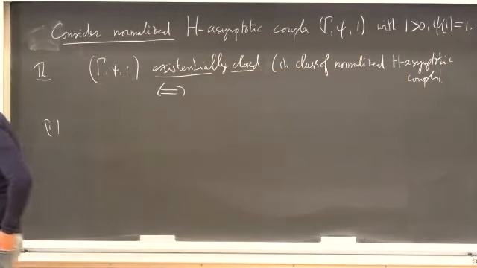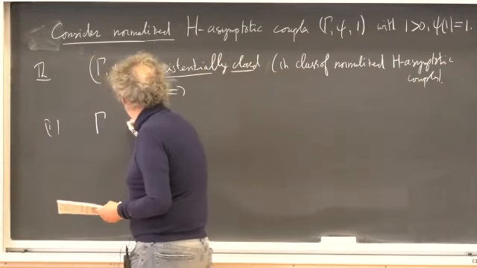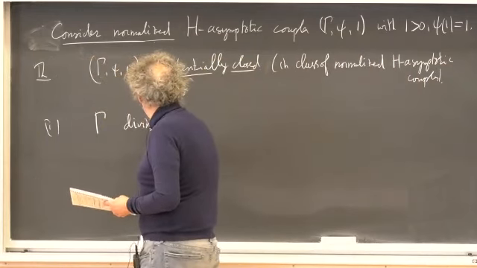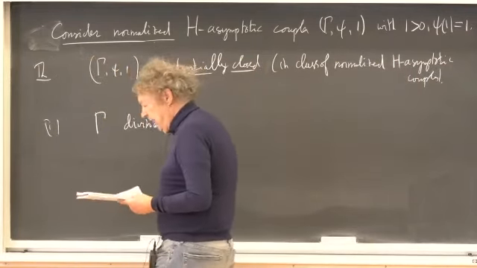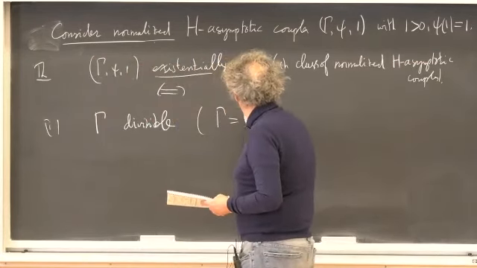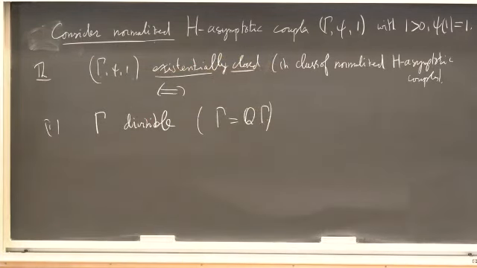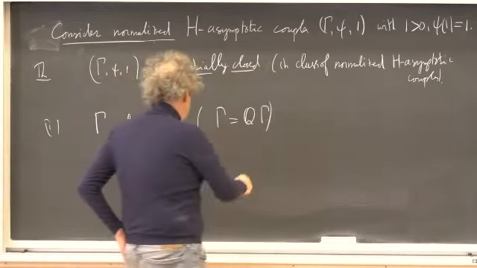So it's like algebraically closed, or anyway. First of all, gamma has to be divisible. In other words, every gamma equals n times something for every positive integer n.